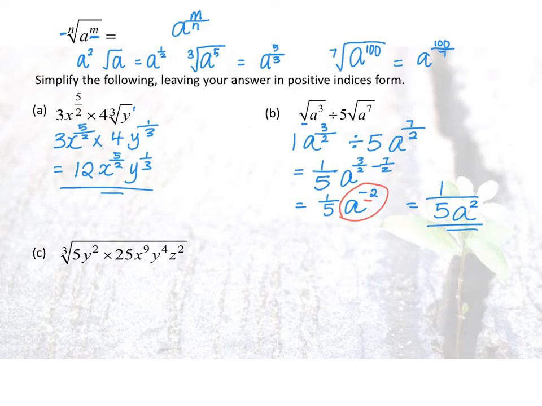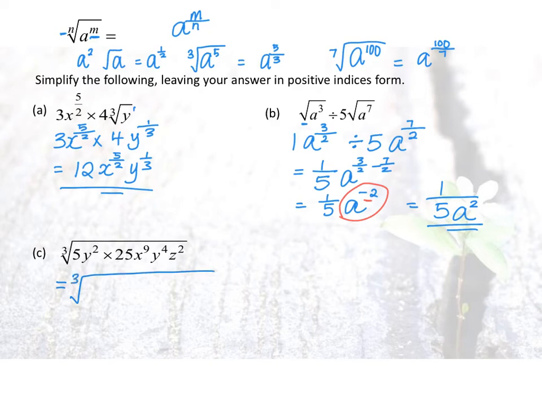For part C, this is a slightly different type of question where you take the cube root of something multiplied to something. What is usually suggested is that instead of directly applying the cube root, we should try to simplify whatever is inside the cube root first.